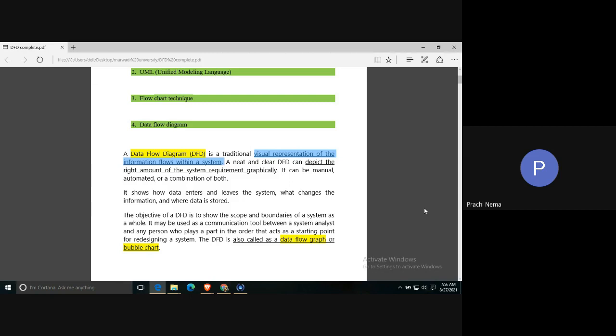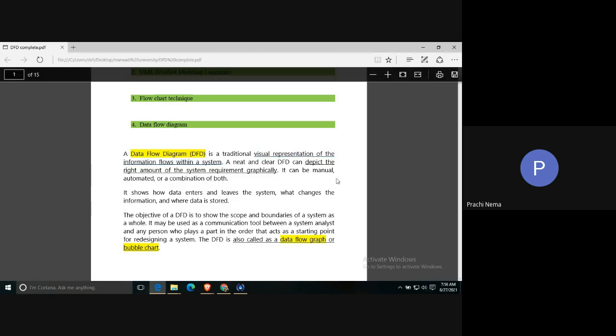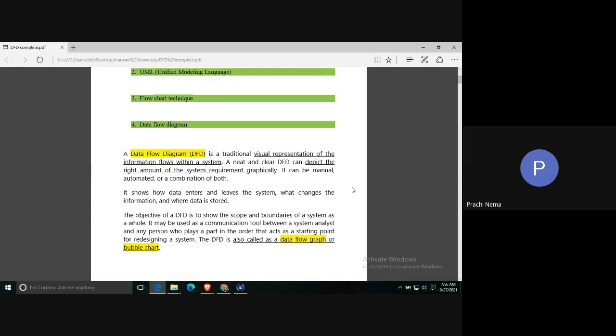Second point is that it depicts the right amount of system requirements, but graphically. The text information is represented in graphical or pictorial format using DFD, but it will show you only the right amount of information, not unnecessary details. So this is a positive side of DFD, that all the unnecessary details are not shown, so unnecessary complications are not there.